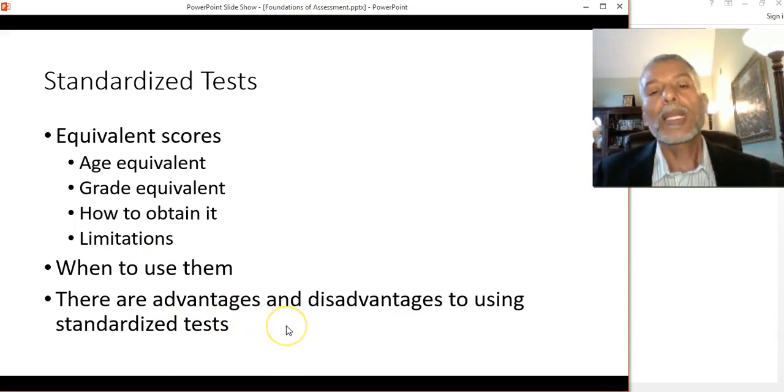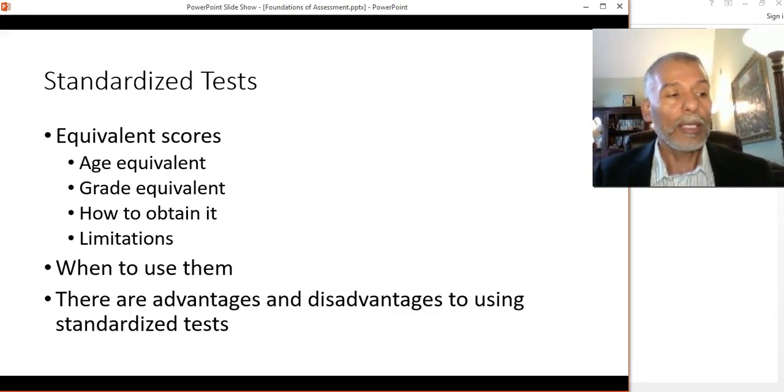So standardized tests have their own advantages and their own disadvantages. I do not need to go through them. You can go to your text to understand the differences. But again, they tend to be rigid. There is no perfect standardized test or test battery that covers everything and that covers everything in depth.